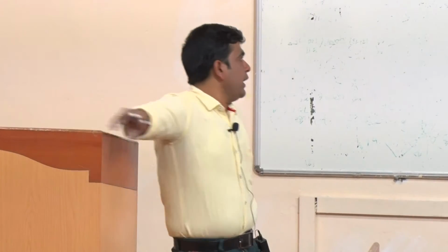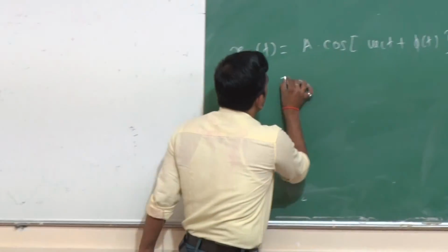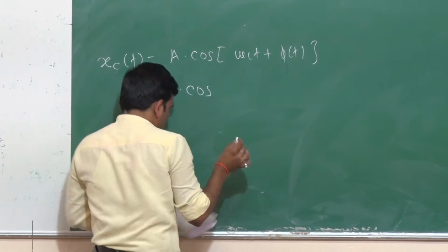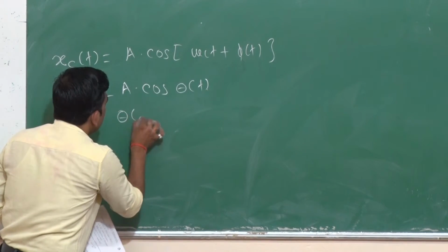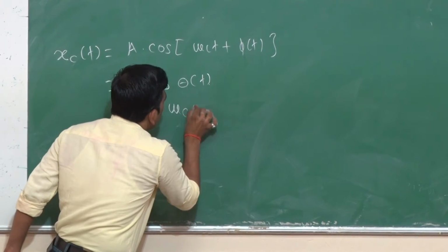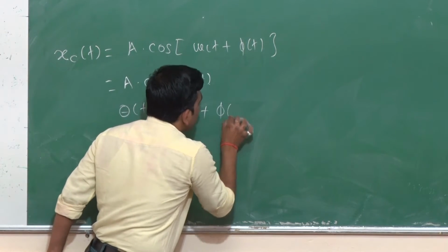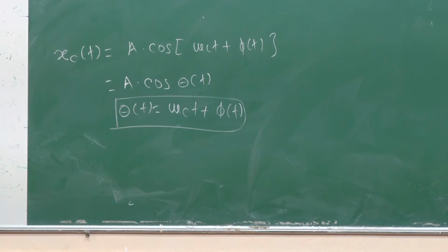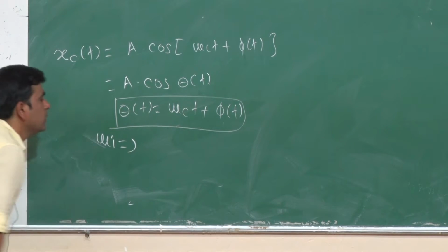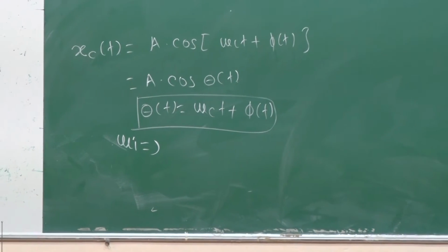So here we will get xc(t) equal to A cos of theta(t). So here theta(t) is equal to omega_c t plus phi(t). Here this is the phase information for the carrier modulated system. Here we will get omega_i, the instantaneous radian frequency.